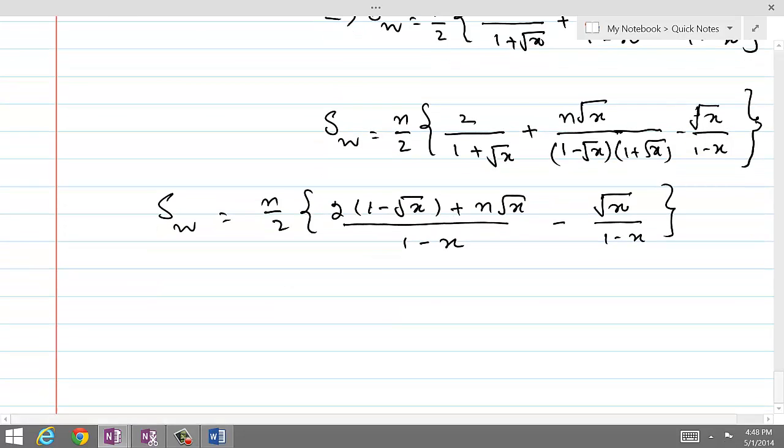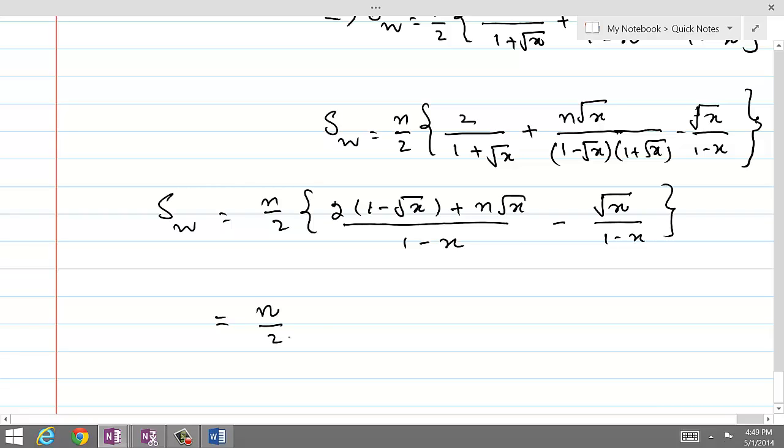So now we can simplify this, but as long as this is the sum and we are not required to produce any specific expression for the sum, we can leave the answer at any stage.